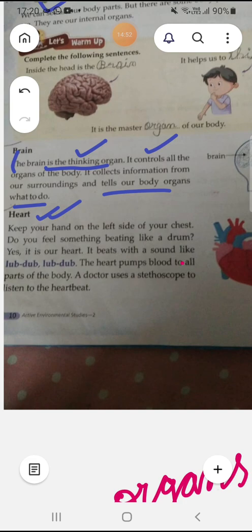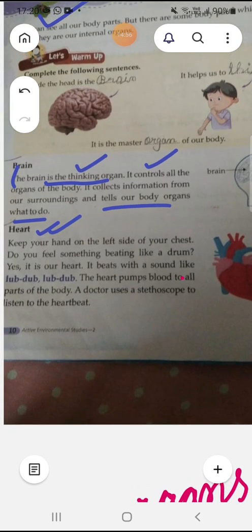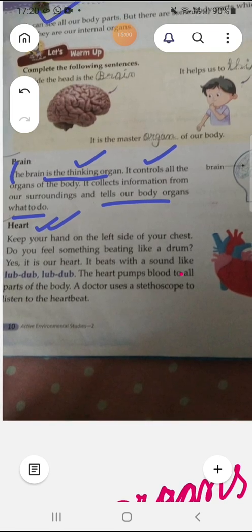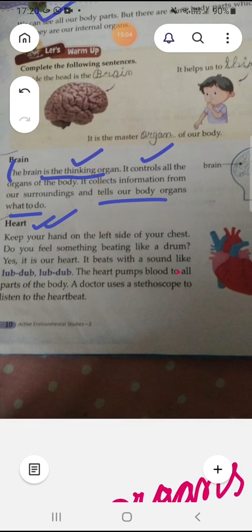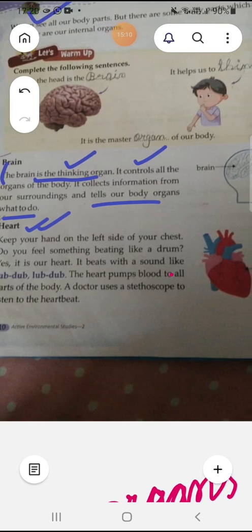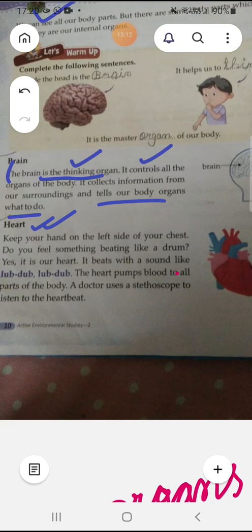When the brain is not working, the man cannot do any work properly. So these are our internal organs, and we should take care of these organs very carefully. Okay, students?